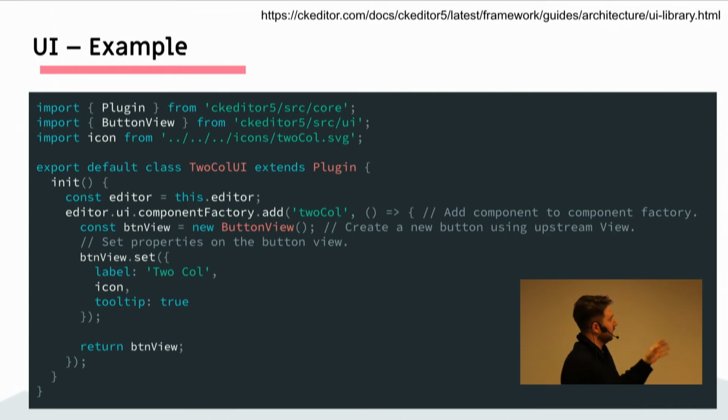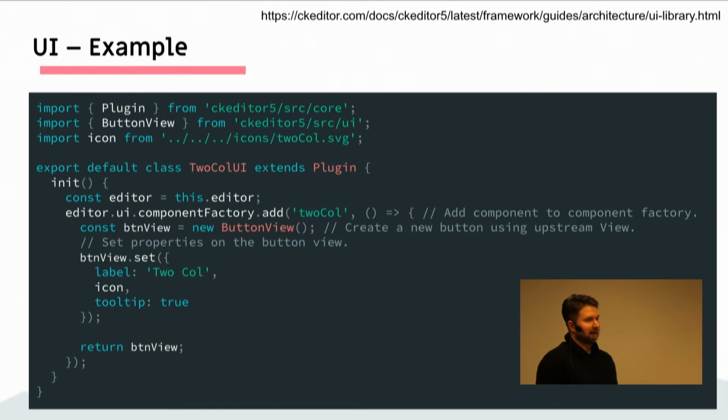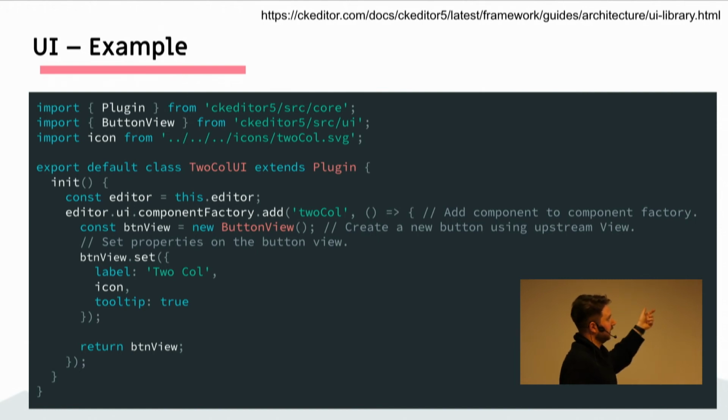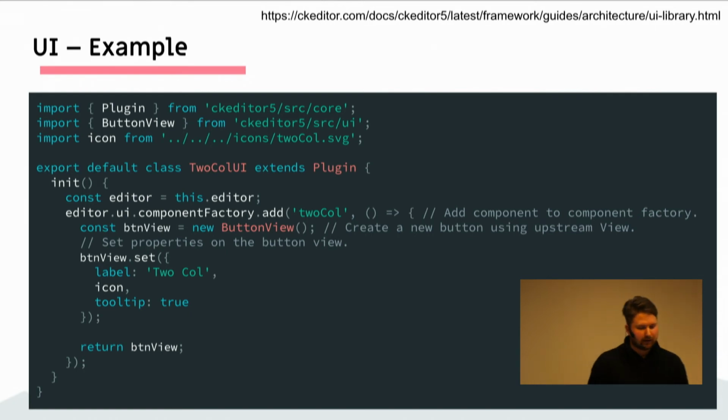And with a very simple few properties, we can define a button which is exactly the same as any other button in the toolbar. So we just have to specify an icon, a label, and then we tell it that this is a tooltip button, so that if you hover over that button, it would show a tooltip that explains what the button does. So these properties are needed for just rendering the button in the UI itself.